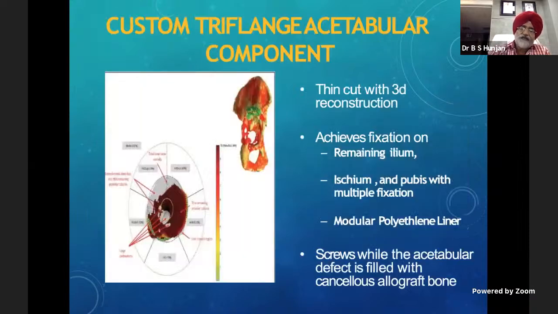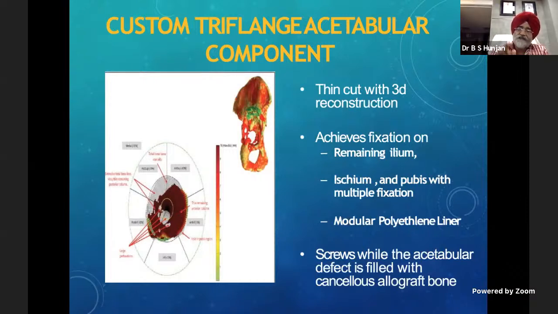Now, this is how we make the custom triflange acetabular component. What we do is take the 3D CT reconstruction, and with it we make the acetabular component. It is helpful because we can get holes where the bone is.